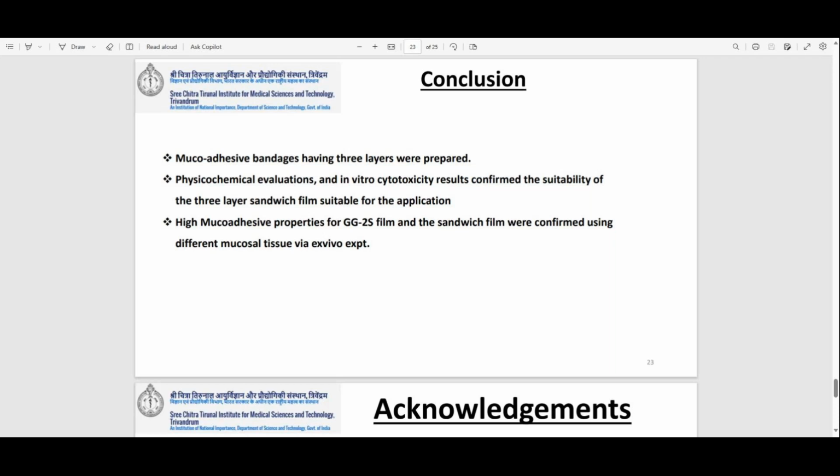We also confirmed the high mucoadhesive properties of this sandwich film using different mucosal tissues via ex vivo experiments.